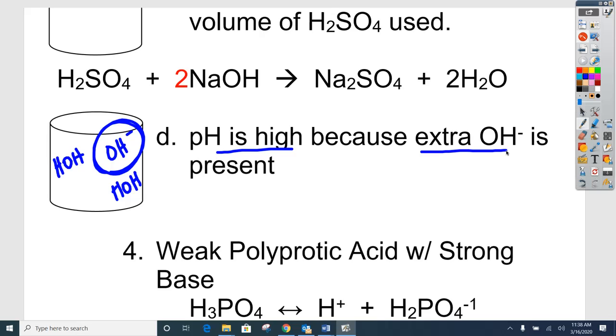Okay, and it is a strong base. So this is just like graph one. I start with a very strong acid. I still have a strong acid until I reach the equivalence point, at which time I only have water. And if I go any further than the equivalence point, I now have excess leftover unreacted hydroxide ions, and so it is now a very strong base solution.